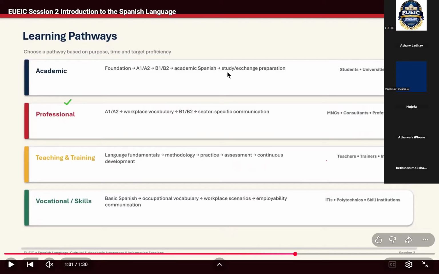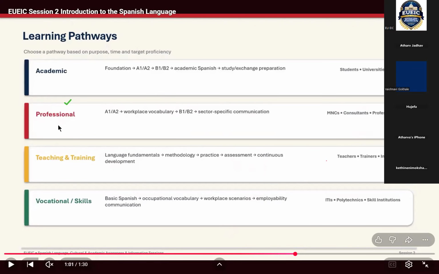And then you have study exchange preparations. So once you know these four levels, it will be very easy for you to manage across the globe in general. So whether you go to Spain, Latin America, or US or wherever, these four levels, or even A1, A2, or B1, these levels will be very beneficial for you.